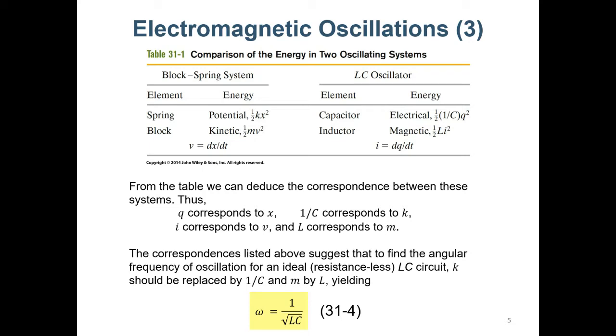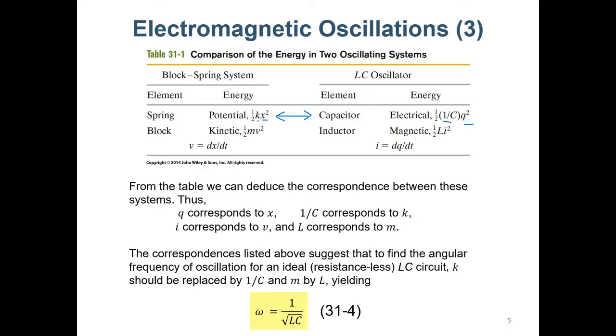And likewise, for the LC oscillator, the energy for the spring is the capacitor, so the electrical energy stored in the E field, which is 1/2 Q squared over C. So you can regard X as Q and K as 1 over C.